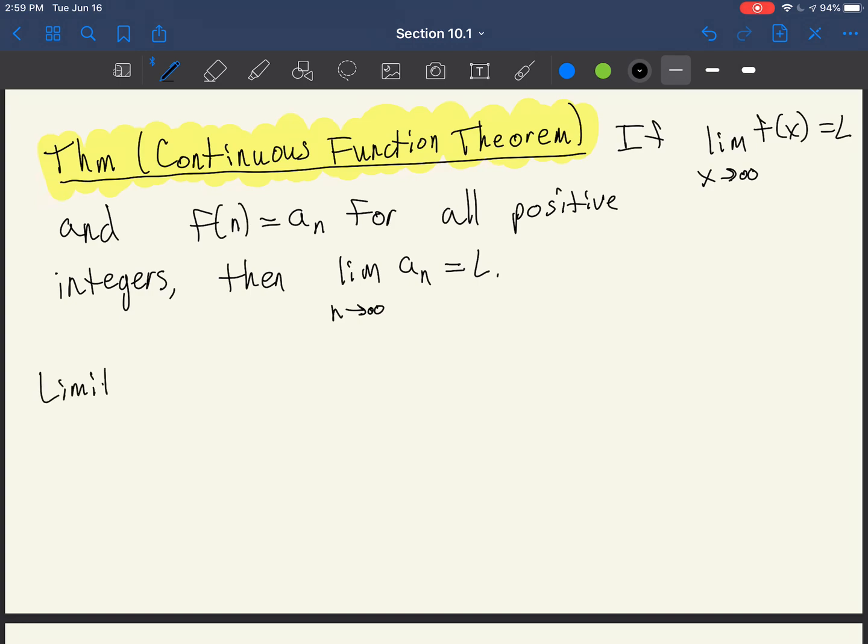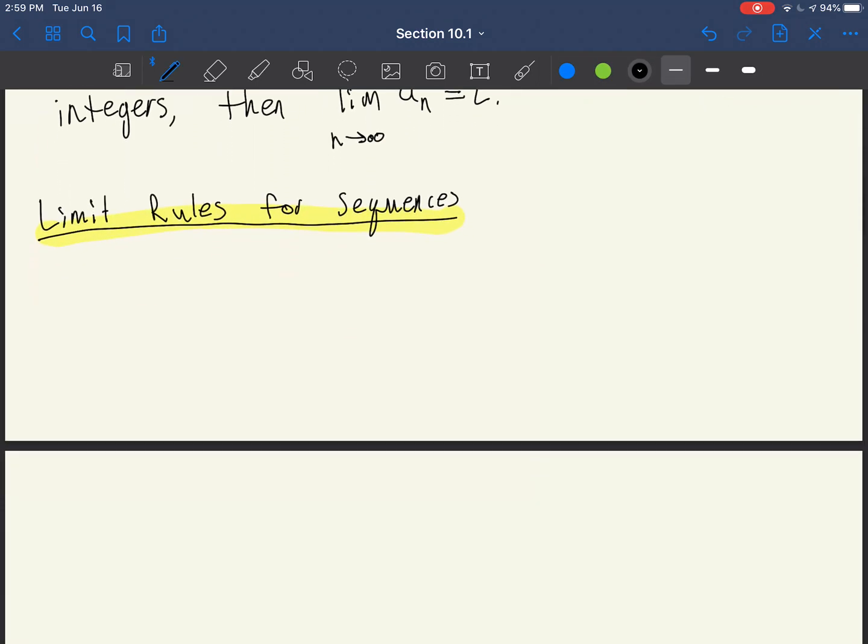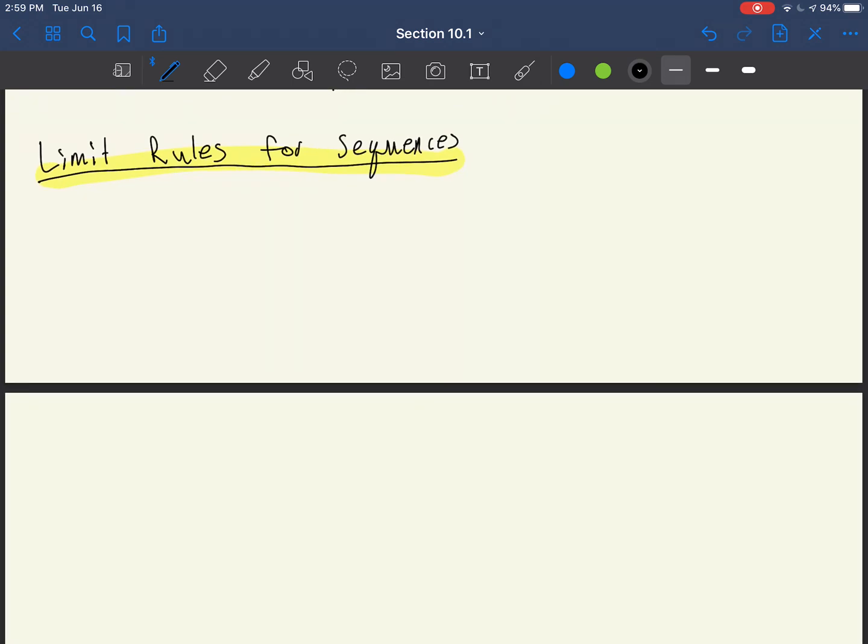So there are some limit rules for sequences. These are really the same as those for functions, but we're just going to reiterate them here because we'll be using them a lot.